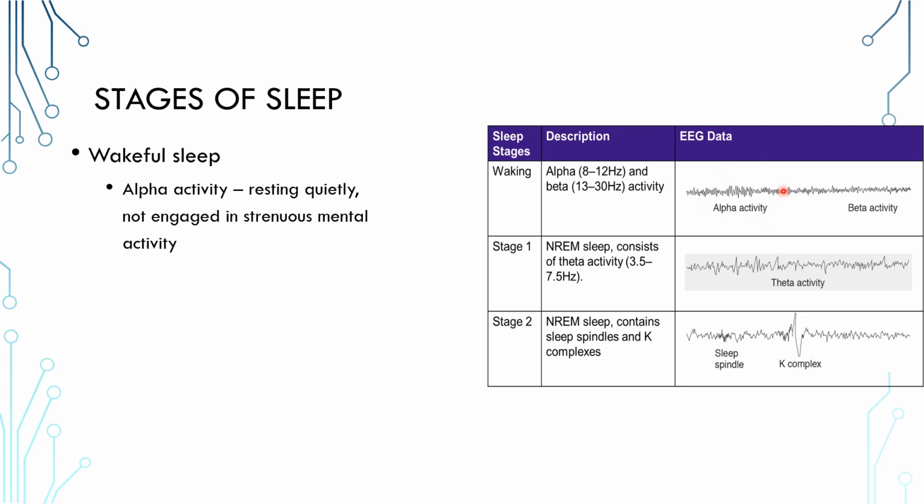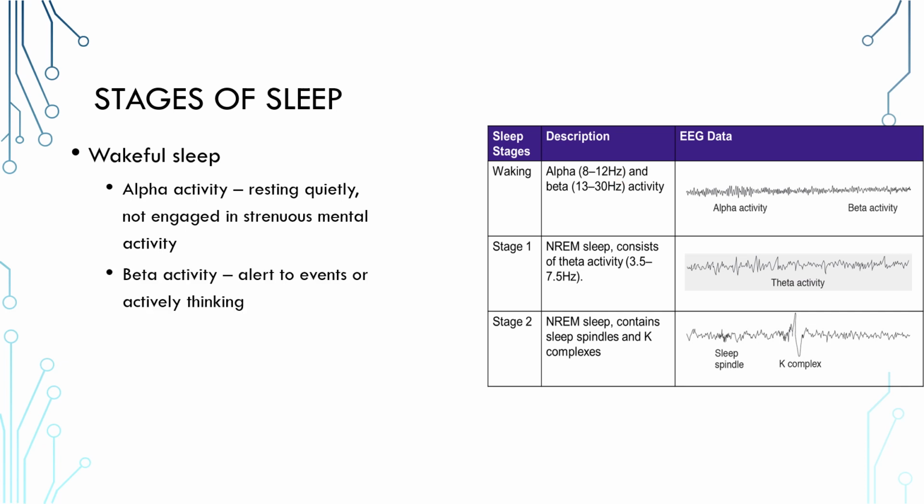So what you'll see is a lot of bouncing around of the EEG, but you'll see that the activity here is really close together. The spikes and dips are really close together during alpha activity. So this is indicating that there's a fair bit of activity, and you can see that measured in hertz here, 8 to 12 hertz.